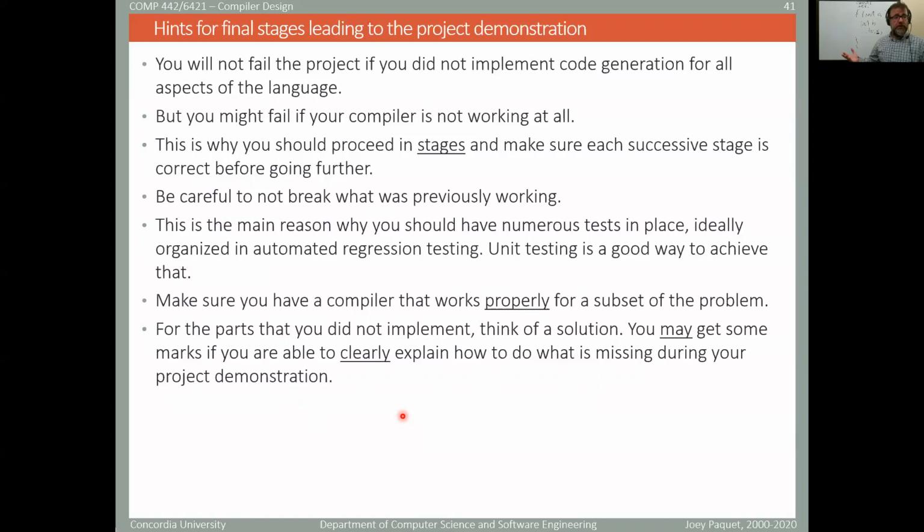For those of you who know how to do regression testing or unit testing, that's a good way to avoid that. One of the reasons why you might lose control of your own code is that you proceed with many steps and you don't realize that in one step you actually broke something.